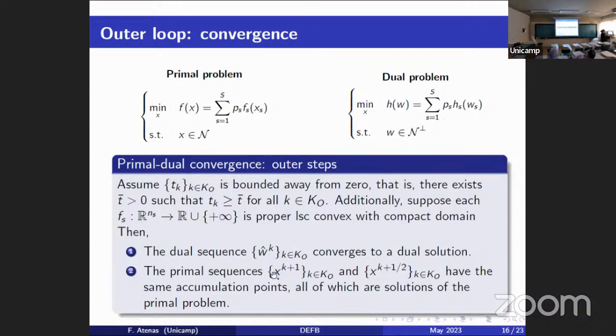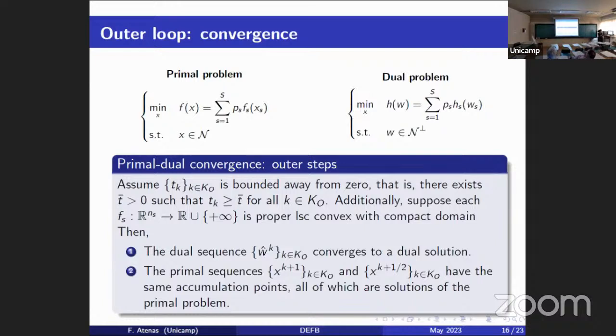The slopes in the primal space and the intermediate primal points, the ones that come from the solution of the approximation of the augmented Lagrangian, do not necessarily converge, but all of them have accumulation points, because the domain of F is compact. Those cluster points are the same for these two sequences, and all of them are solutions of the primal problem. Okay? So that's convergence.